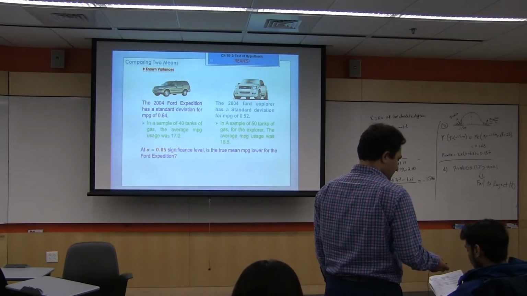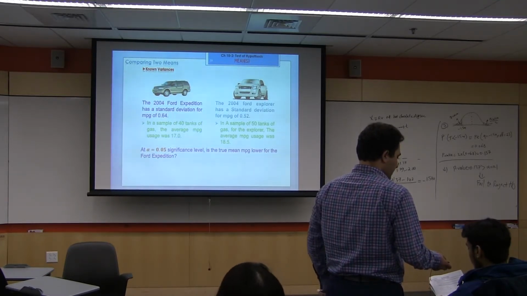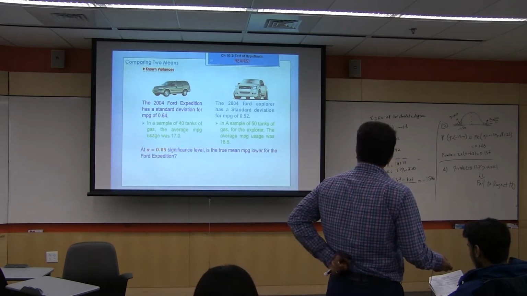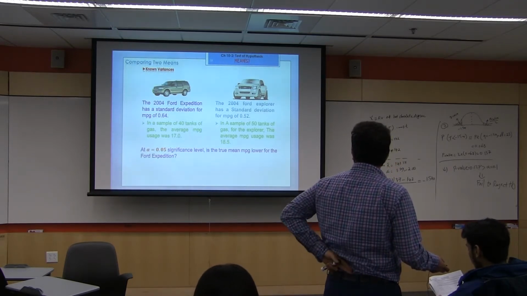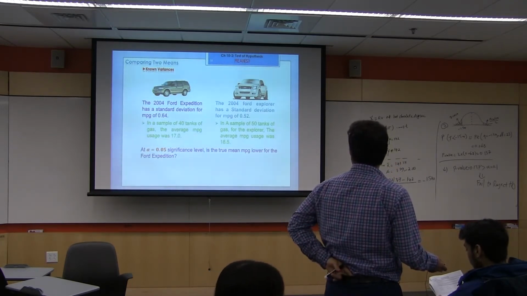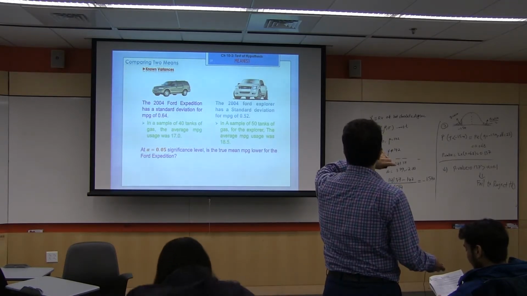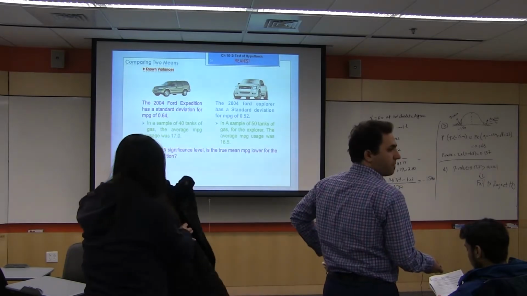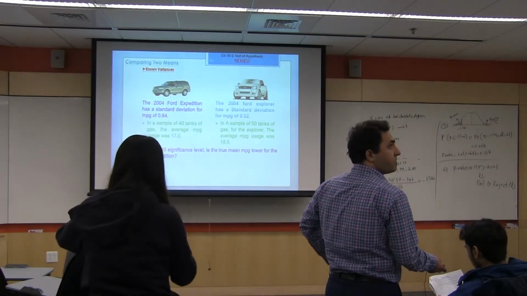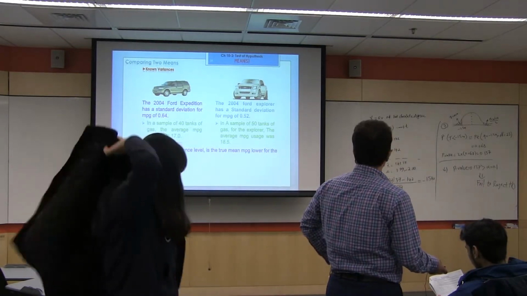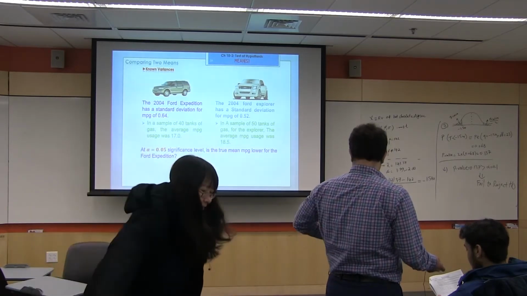The 2000 Ford Explorer has a standard deviation for miles per gallon of 0.52 in a sample of 50 tanks of gas for the Explorer. The average MPG usage was 18.5. At alpha equals 0.05 significance level, is the true mean miles per gallon lower for the Ford Expedition?